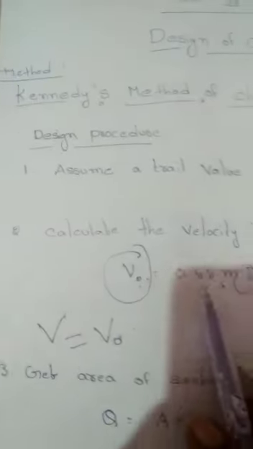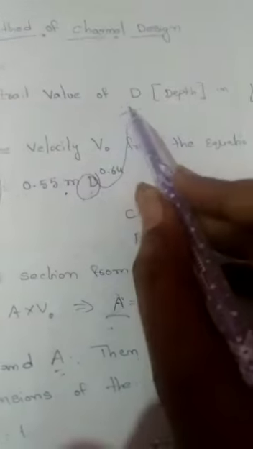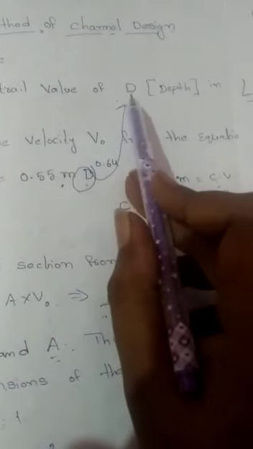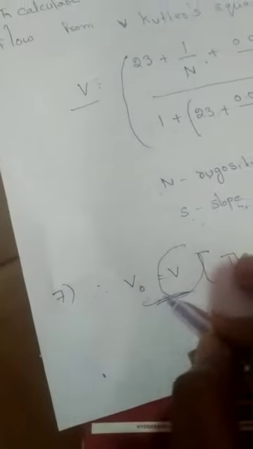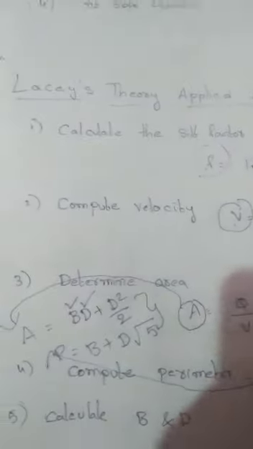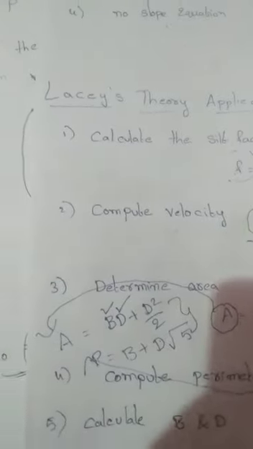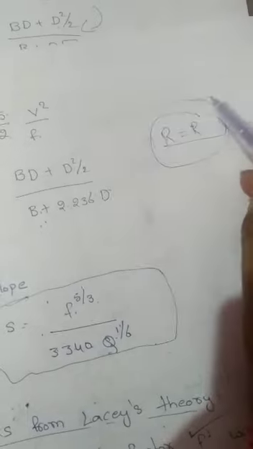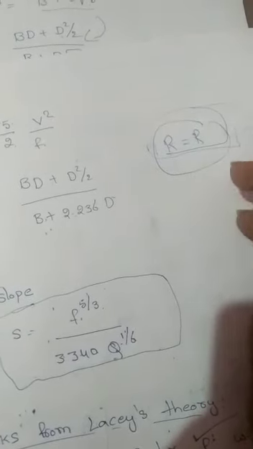Kennedy's theory is mainly based on depth and velocity. Here we take depth, and finally we conclude at the velocity equation. In Lacey's theory, the major things are the velocity and hydraulic mean depth criteria. Lacey's uses the hydraulic mean depth criterion and Kennedy's uses the velocity criterion. This is another comparison.